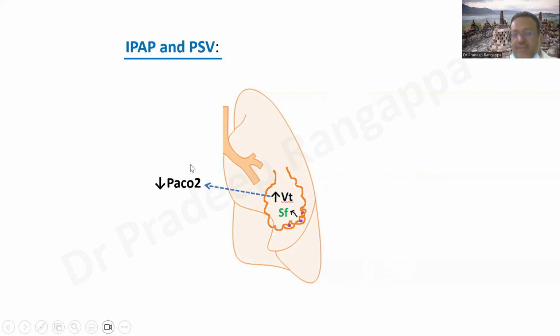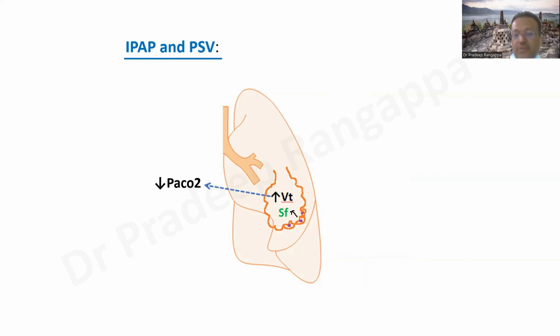All the listeners here would understand that in COPD, our whole effort is to remove carbon dioxide because there is difficulty in getting it out in COPD. That's why they have CO2 retention. By providing inspiratory positive airway pressure, there's an increase in the alveolar tidal volume, which helps in reducing the CO2. That's why we've added IPAP. That's why it's called bi-level positive airway pressure.